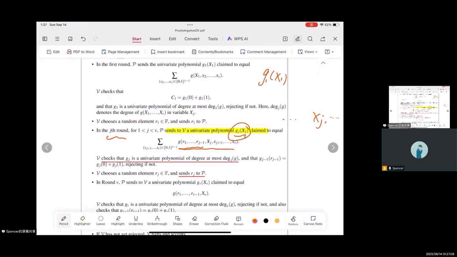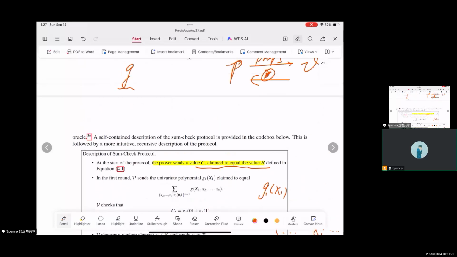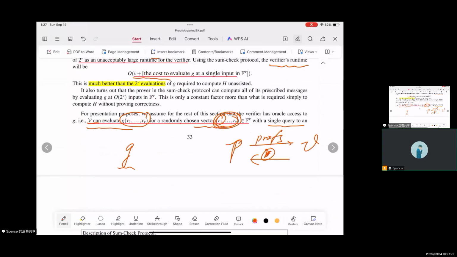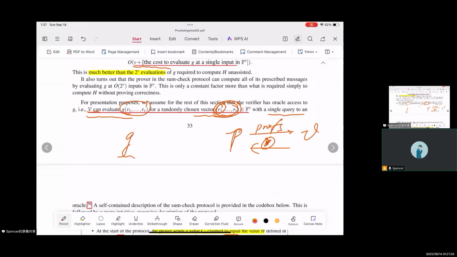because after xj there are xj+1 to xv, but for those parallel to xj, the values should be fixed. The verifier can evaluate with r1 to rv, a randomly chosen vector.